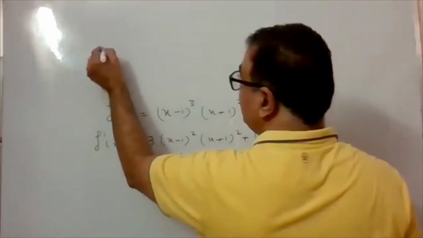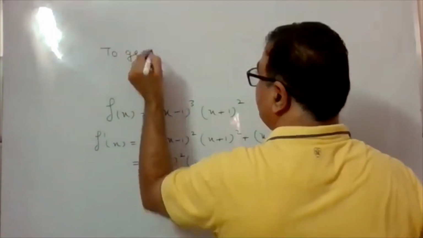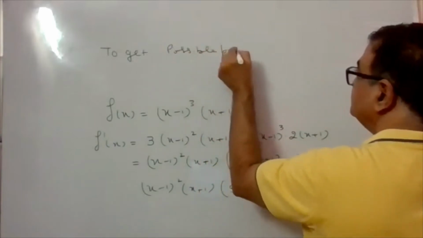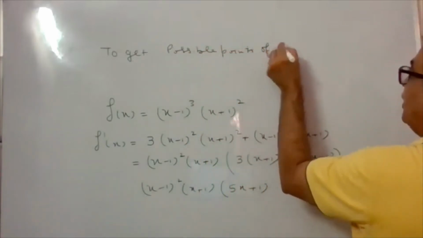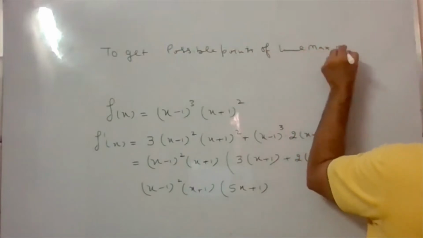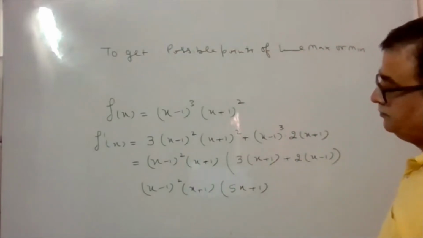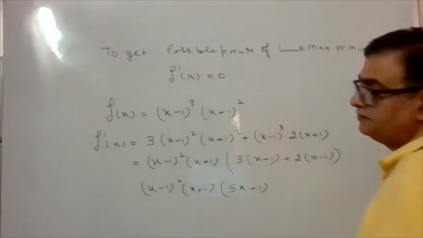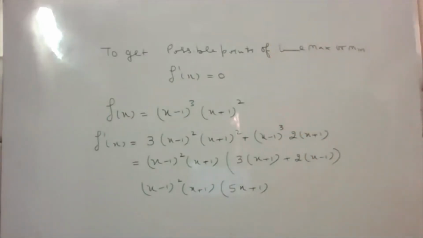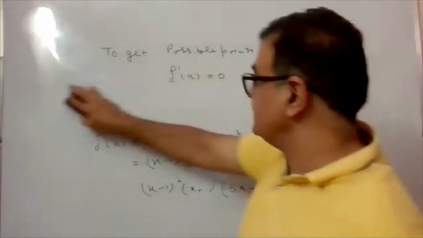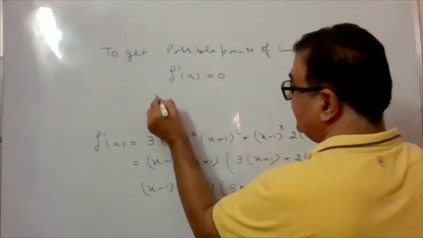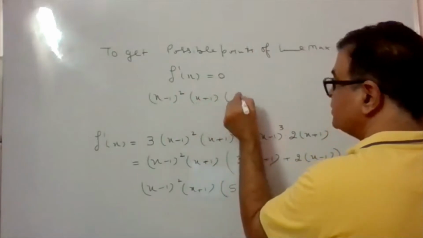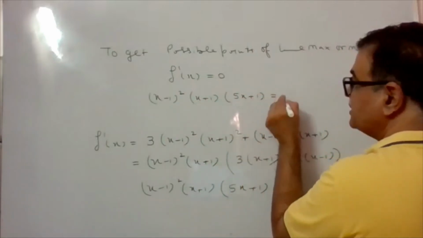Now to get possible points of local maximum or minimum, f dash x has to be 0. And when you have f dash x equal to 0, it means (x minus 1) whole square into (x plus 1) into (5x plus 1) is 0.